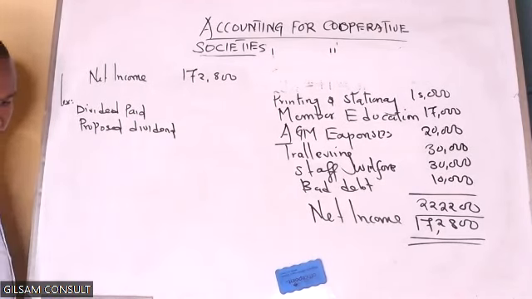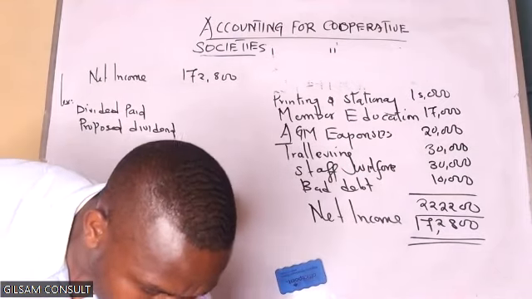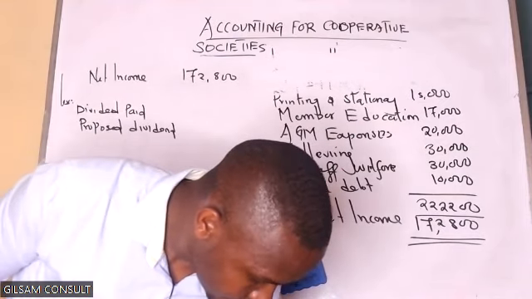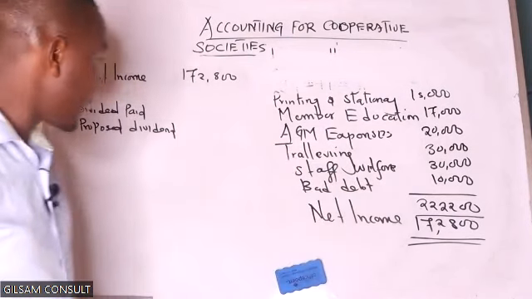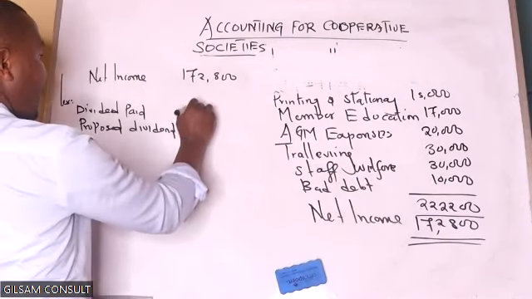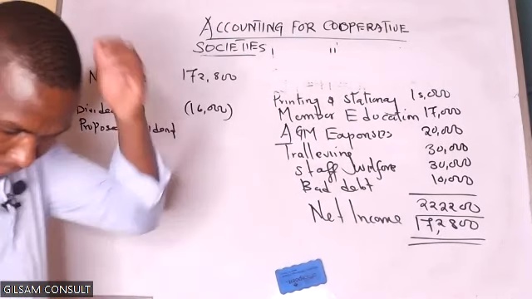So how much dividend did we pay? Look at the trial balance. They said a dividend paid of 16,000. And then there is a proposed one.